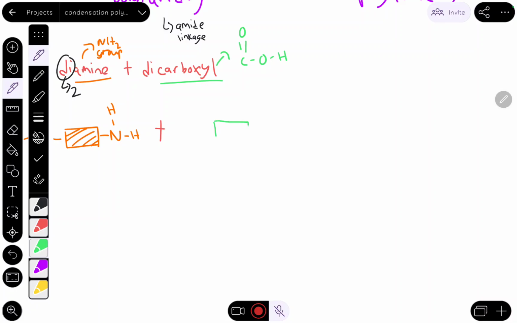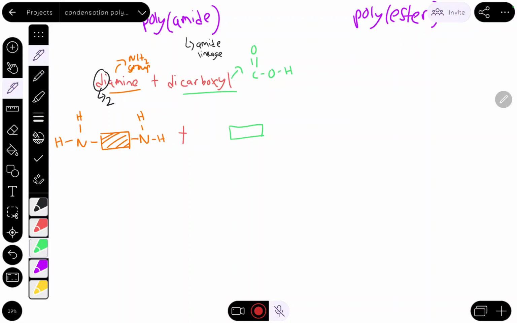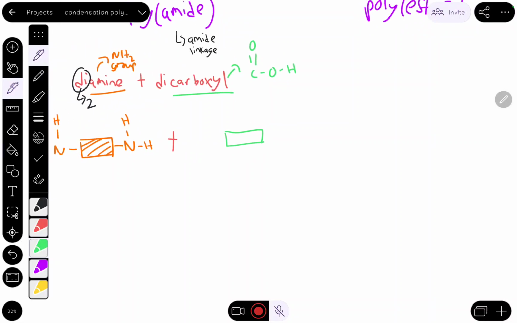Why did I put one shaded box and one unshaded box? Because the diamine and the dicarboxyl are made of different compounds. So we're going to draw a dicarboxyl group here.